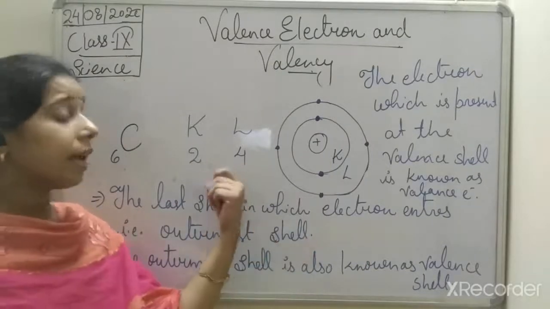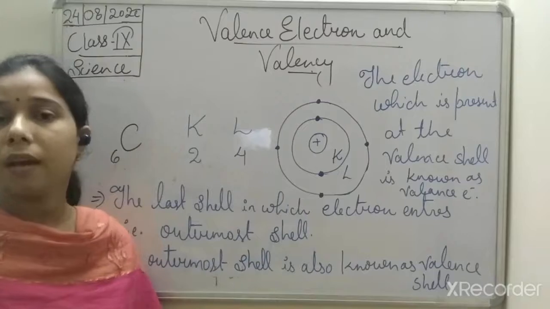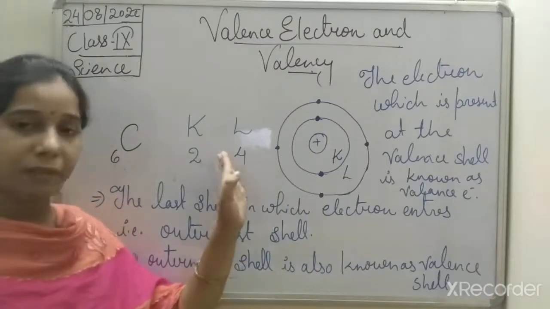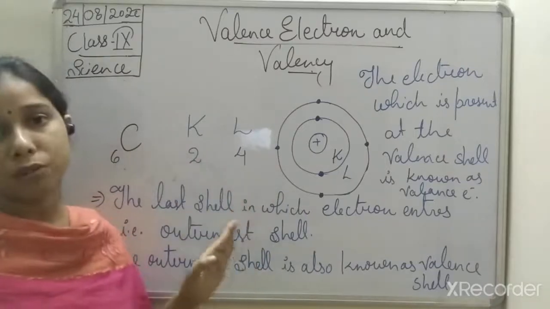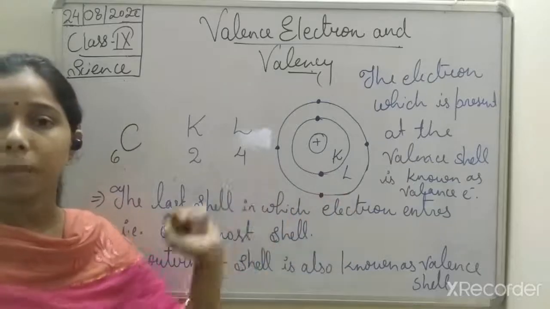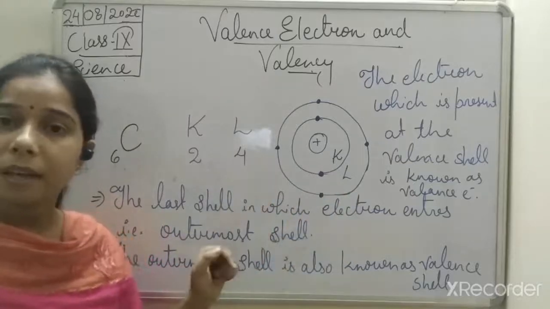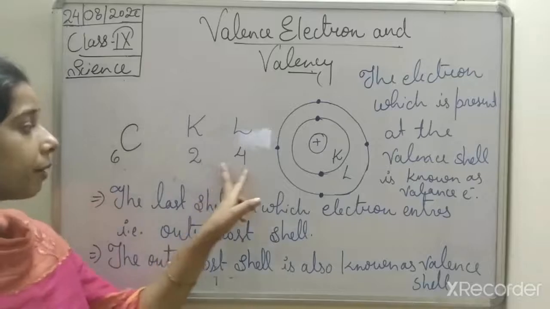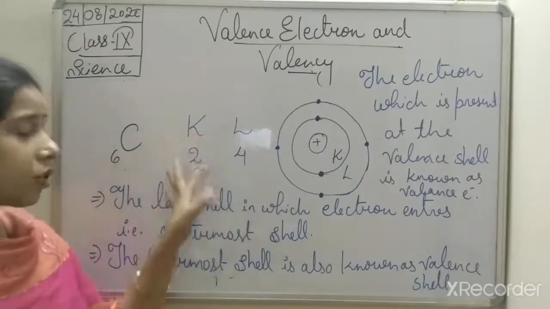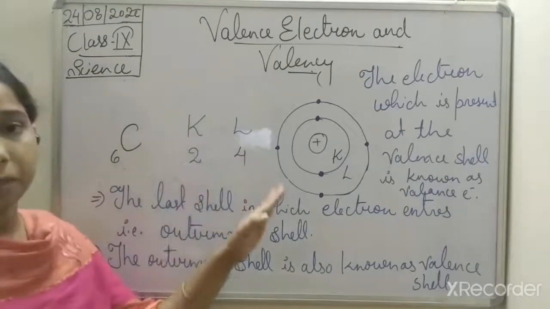So you see here, students, before that we discussed what the electronic configuration of the different atoms is. With the help of the atomic number, we are able to find the electronic configuration, and with the help of the electronic configuration, we can make the atomic diagram. Now in the atomic diagram, we always discuss that at first the K shell will be filled and then the other shells will be filled.